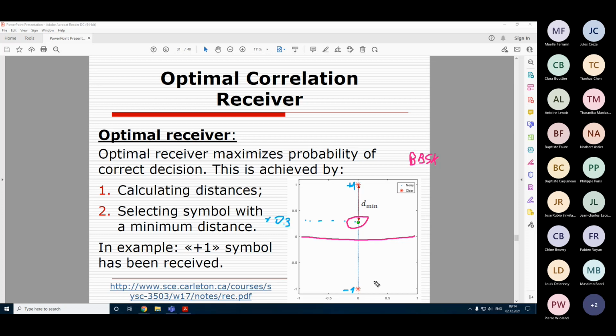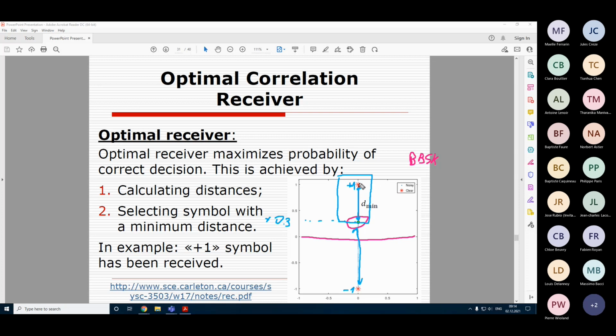So what we are going to do is find the distance to the first signal, find the distance to the second signal, and obviously we are going to prefer the signal which is closer to our received signal.